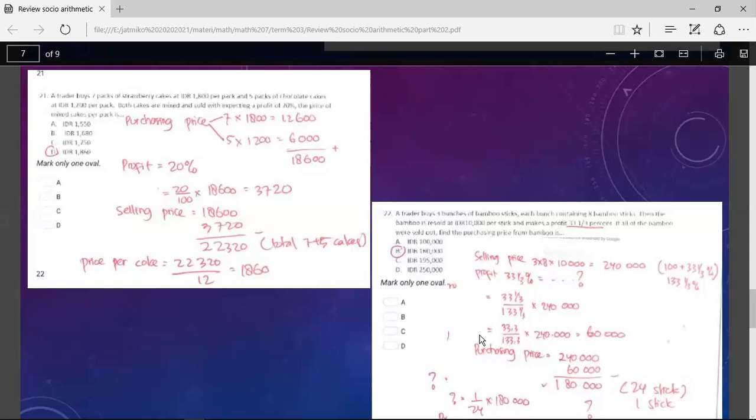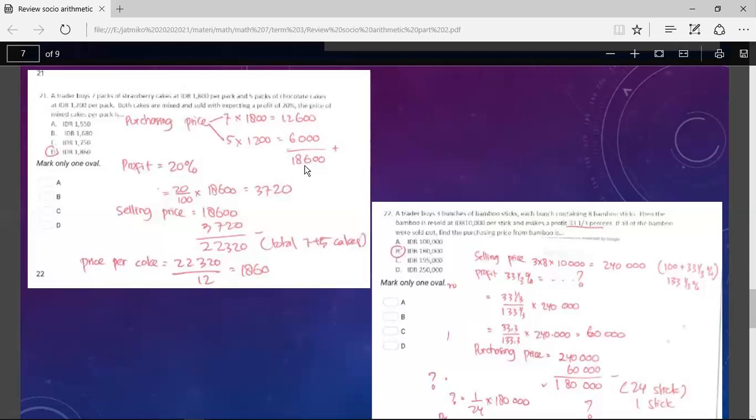So the purchasing price is 7 times the price for the strawberry cake. 7 times 1,800, so that is 12,600. And then for chocolate cake, 5 times 1,200 is equal to 6,000.